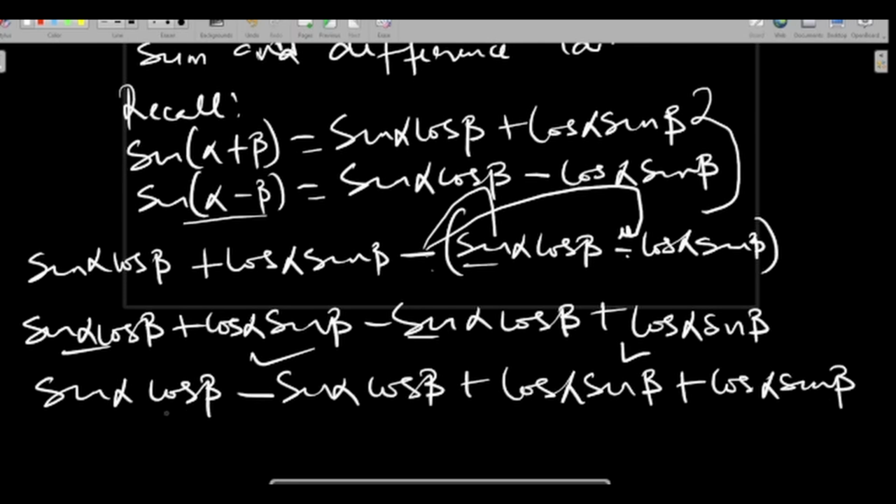Now here we have sine alpha cos beta minus sine alpha cos beta, which means that they are like terms, and since they are subtracting, they cancel out, they're equal to 0. And what now remains? We have cos alpha sine beta.